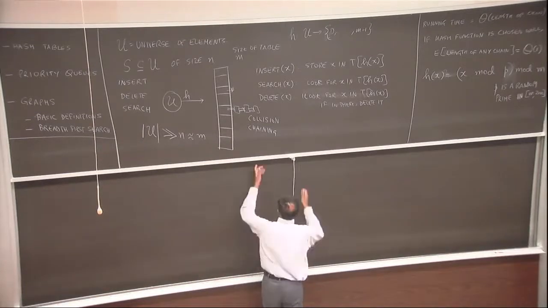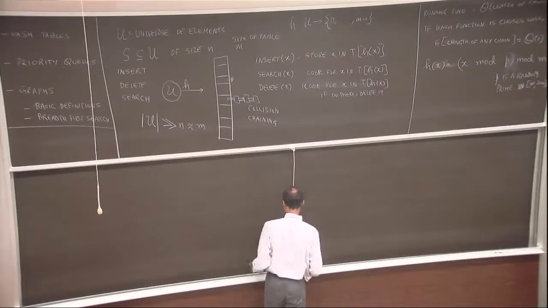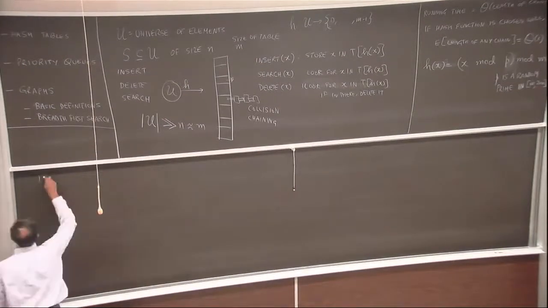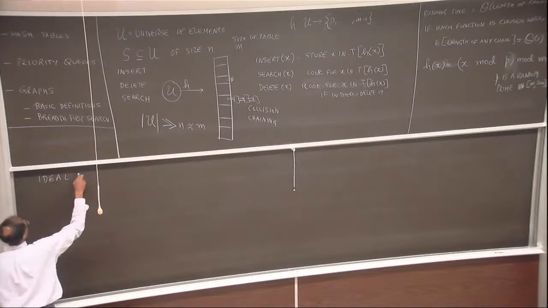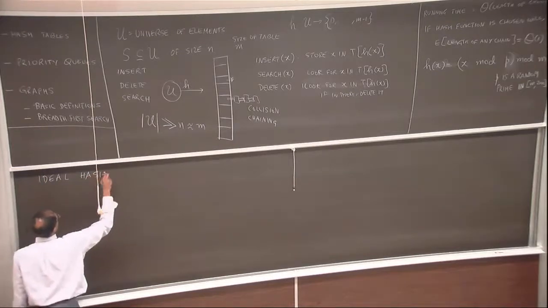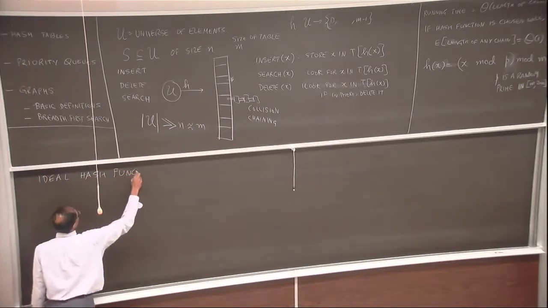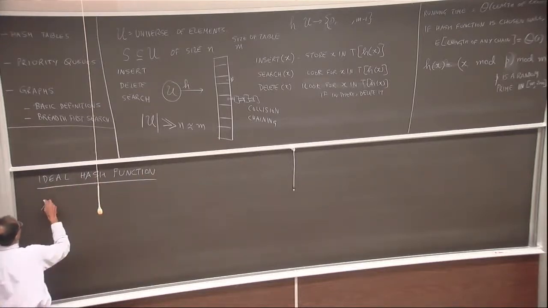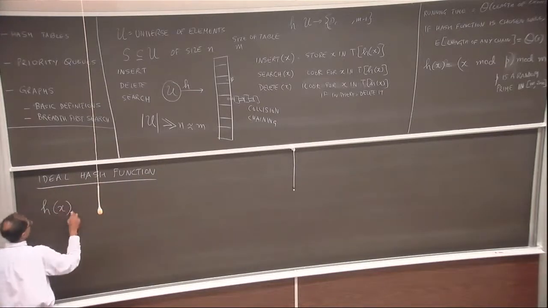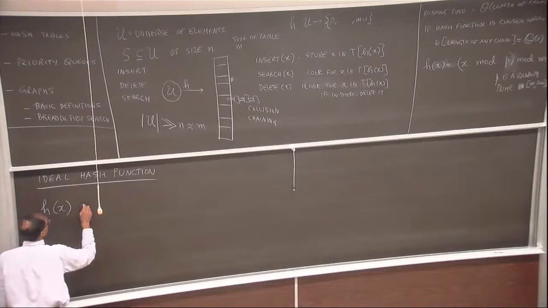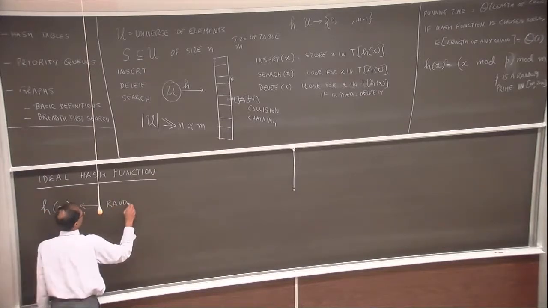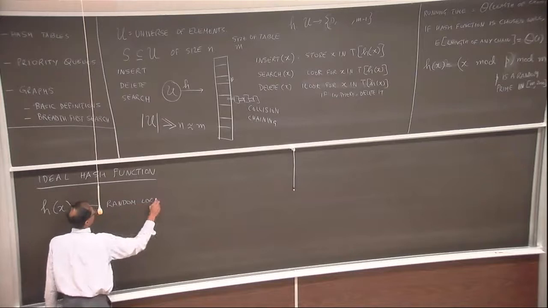An ideal hash function is the following: H of x returns a random location.